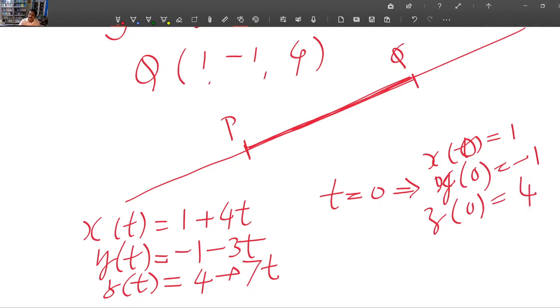So when time t equal to 0, you are at here. When t equal to 0, you are getting the point Q.